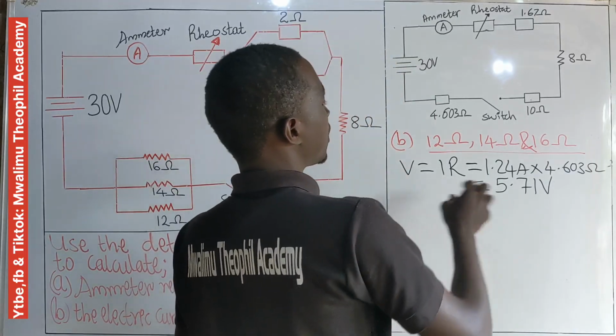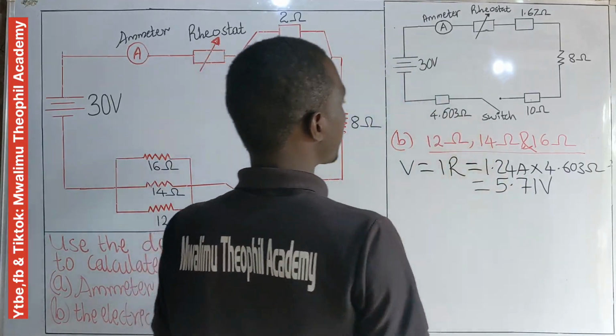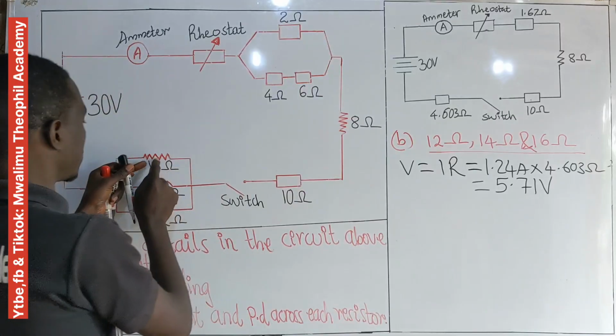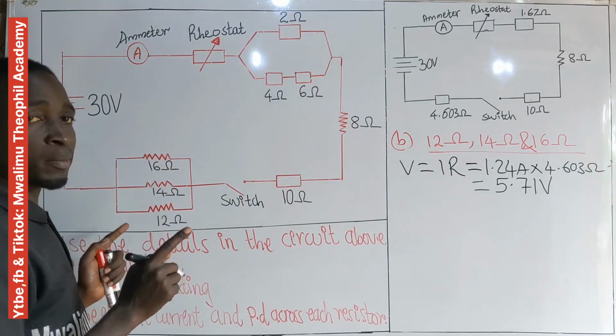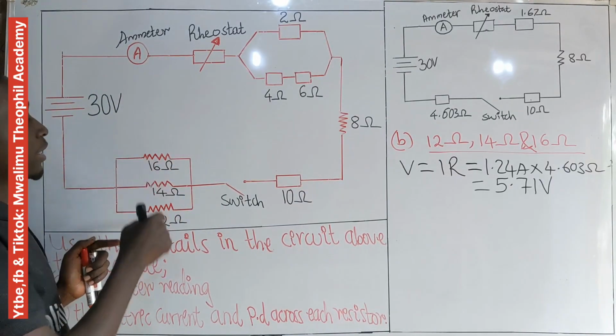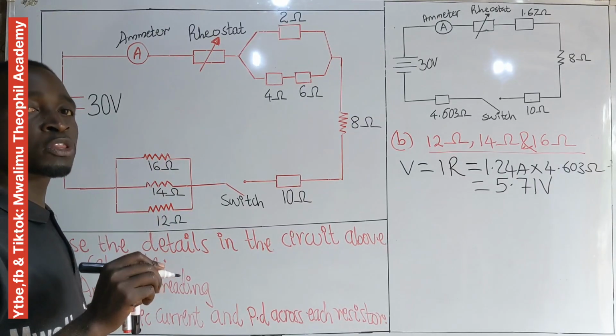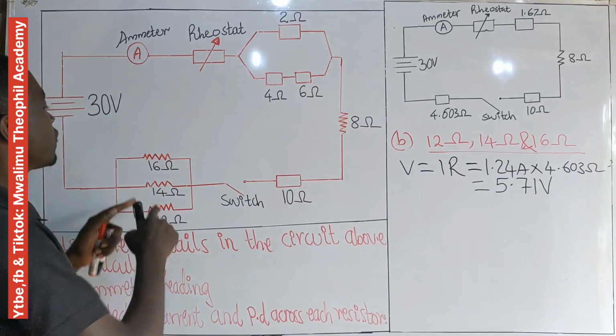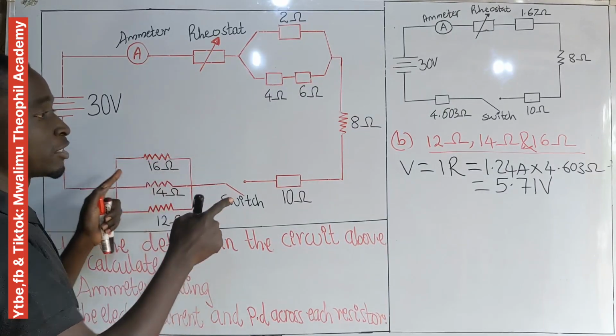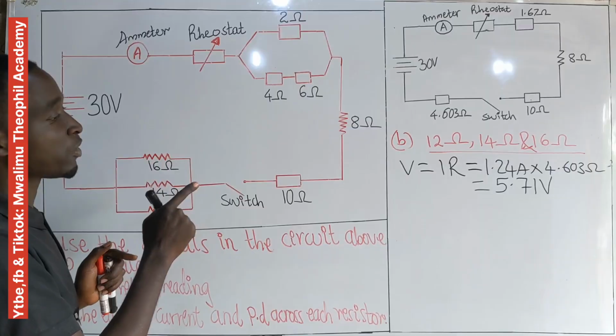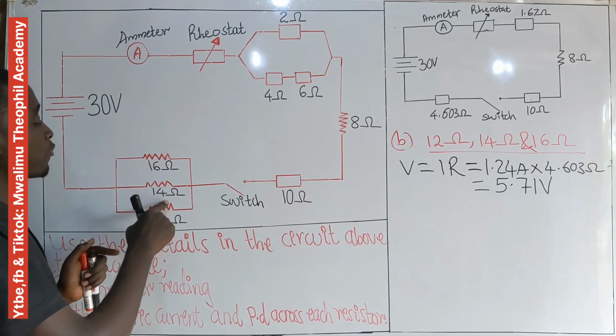Now this is the potential difference for this resistor, which represents these 3. Remember, resistors in parallel have the same potential difference, equal to the total potential difference for that particular parallel system. It means that 5.71 is the potential difference for the 12, 14, and 16 ohm resistors.